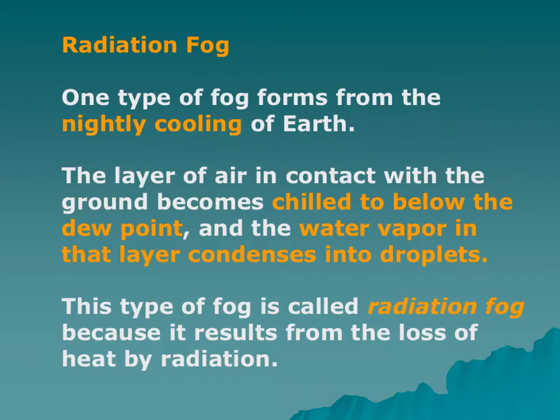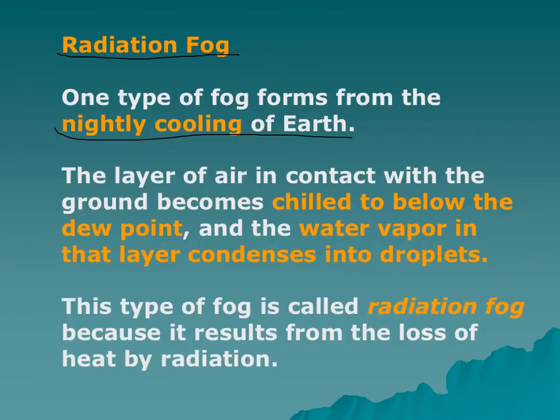So one type of fog is radiation fog. And this comes from the nightly cooling of Earth's surface. The sun heats up the Earth during the day, and during the night, the air gets colder and colder because the surface re-radiates some of that energy, but it doesn't give off as much heat as it does during the day when the sun is heating it.